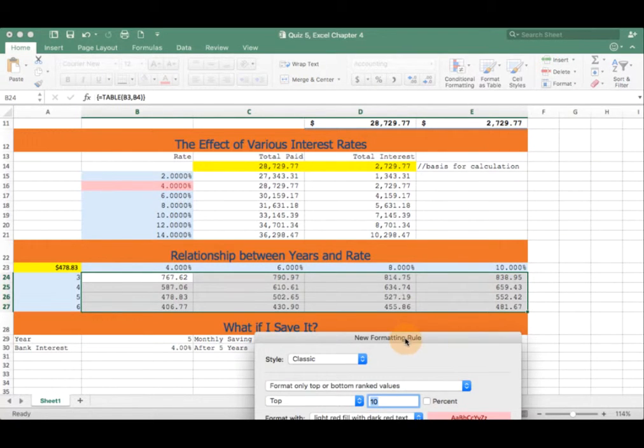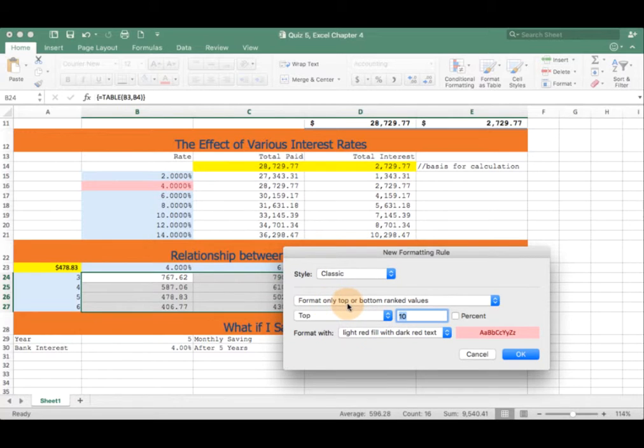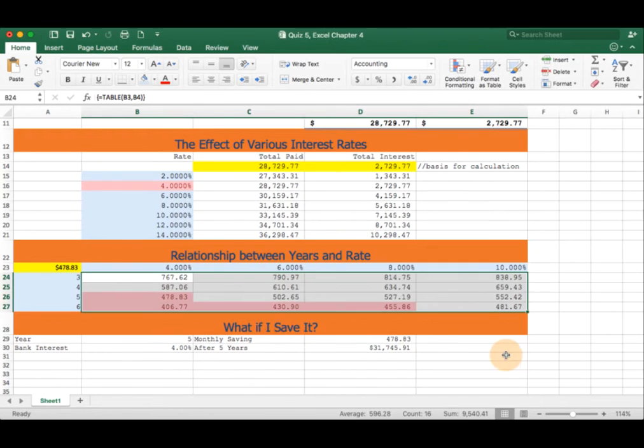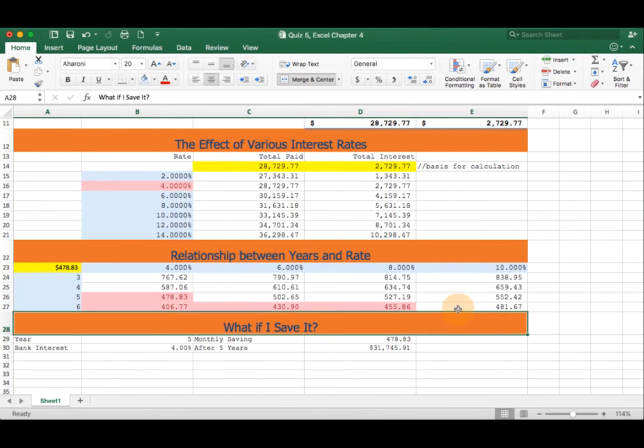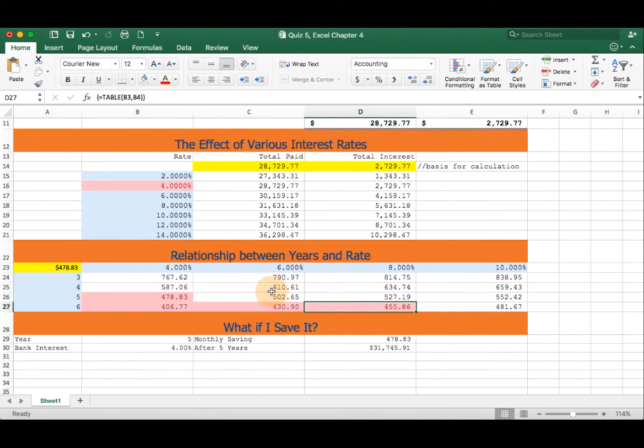You're going to say format only top or bottom ranked values. I'm going to say bottom 4 items. You don't want to click percent. It's going to be items. You click OK. The lowest 4 values have been highlighted automatically. This is a short makeup.